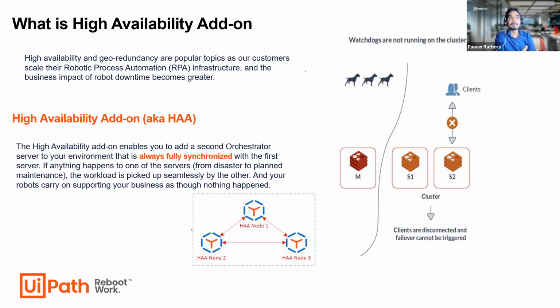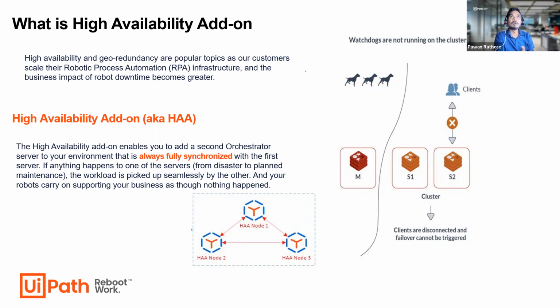If you see HA node 1, HA node 2, HA node 3, on all these nodes watchdogs will be running and they communicate with each other by a gossip protocol. They continuously keep gossiping to each other, and they get an acknowledgement which gives them the status whether the node is alive, responding well, or behaving well. This keeps things in check.